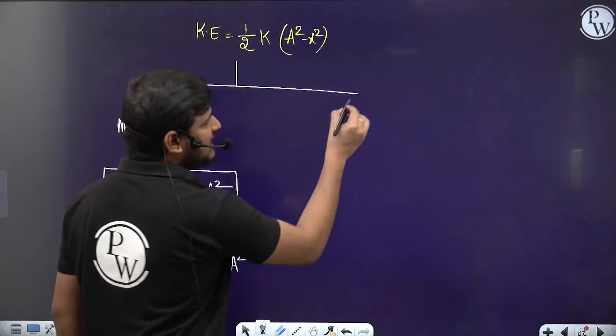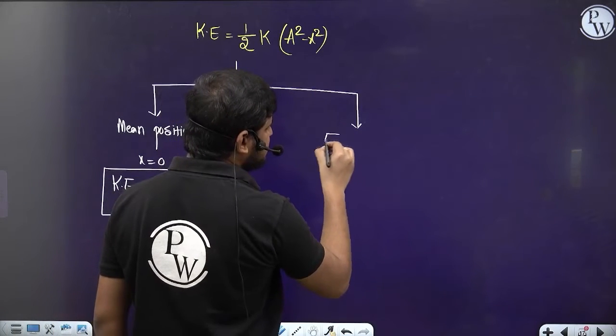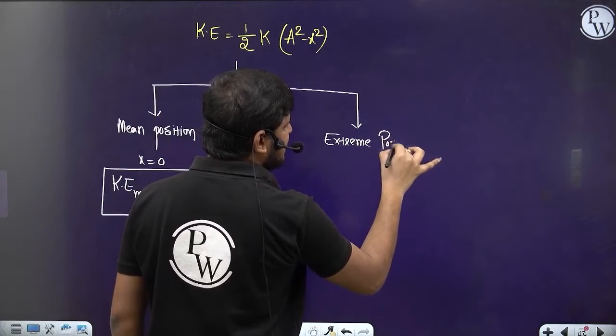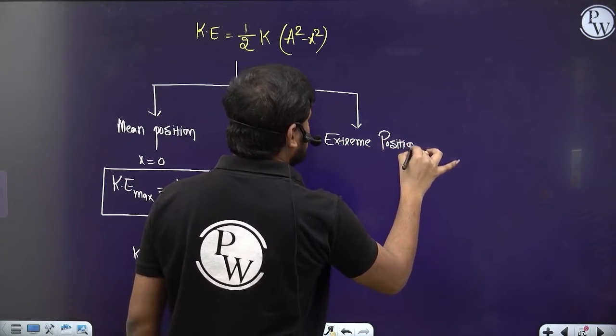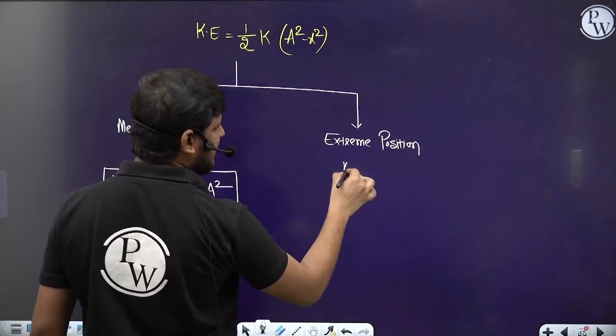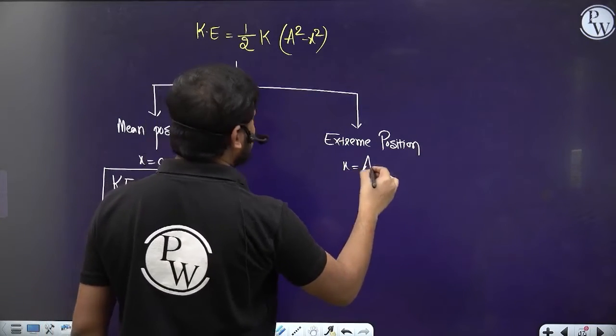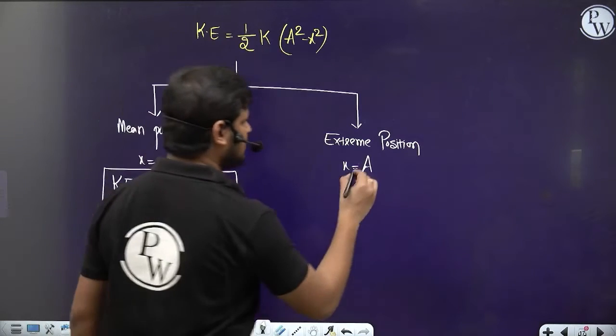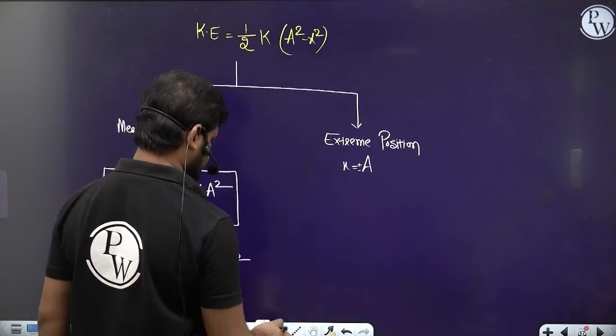Now let's consider the extreme position. In extreme positions, X will be equal to plus or minus A. Since we are squaring, you can keep plus or minus, your wish.